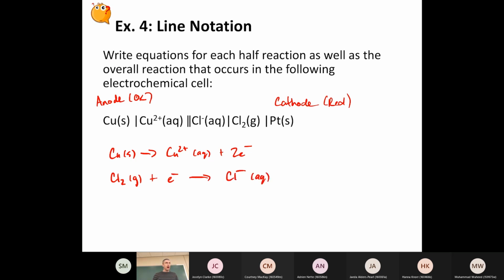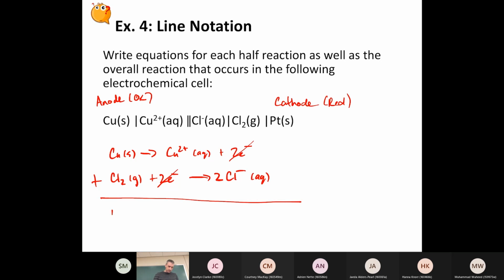Now that's obviously not balanced. Cl2 will make 2 chlorides, and to make 2 chlorides, we need 2 electrons. Now, if we want to write the overall reaction, we just add these two together. In order to add them, you need to have the same number of electrons on each side, which we do.